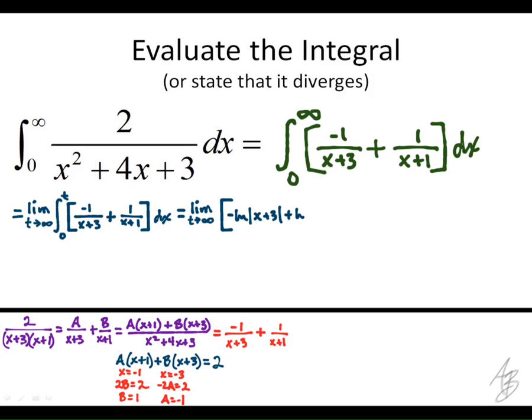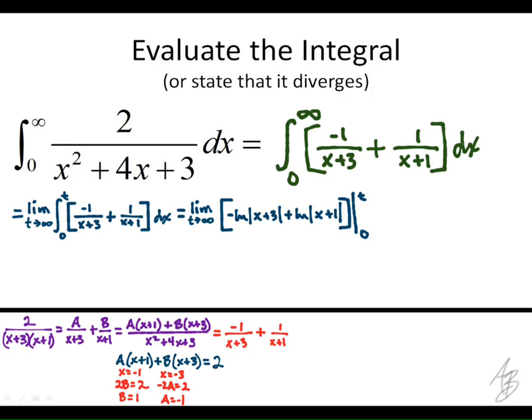Next thing I'm going to do is take the antiderivative. The antiderivative of -1 over x plus 3 is negative natural log of the absolute value of x plus 3, and we have natural log of x plus 1 for the antiderivative of this. And what do we know about these absolute values here?